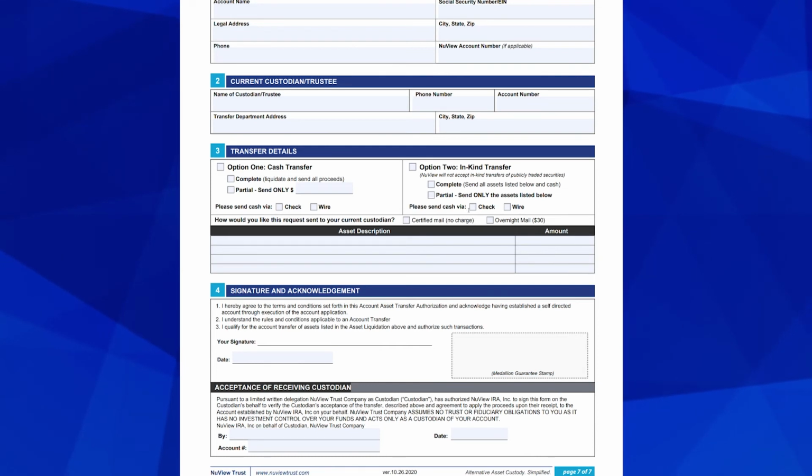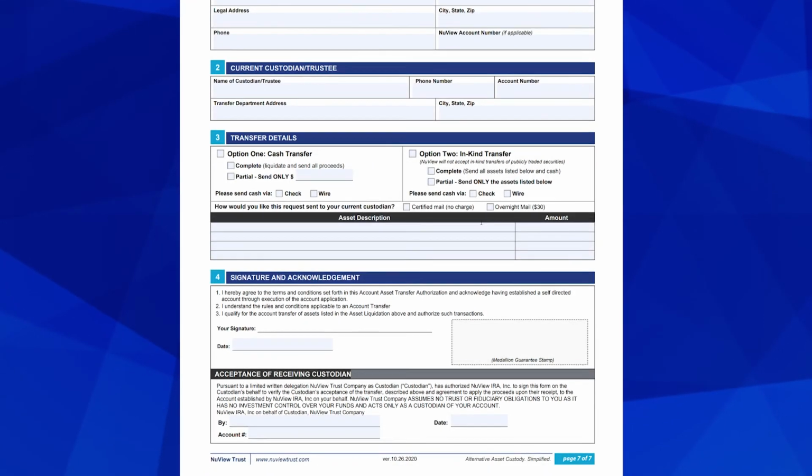If there is cash involved in this option 2 in-kind transfer, how would you like that cash sent to NuView, via check or wire? How would you like the request sent to your current custodian? Would it be certified mail or overnight mail? Of course, if the current custodian allows for a faxed copy to be sent, we do it via fax.